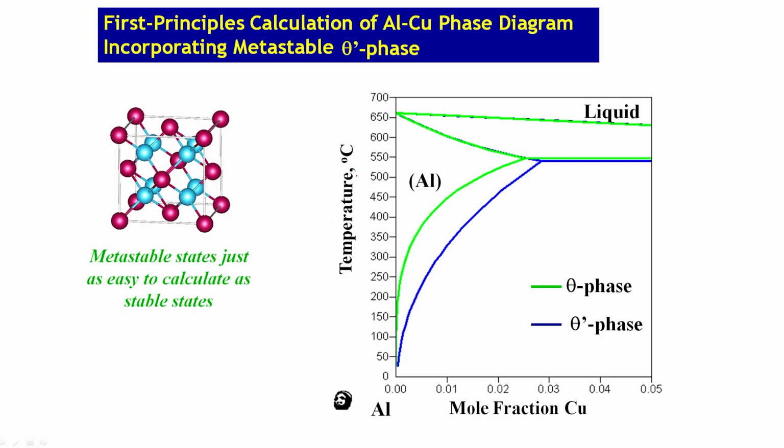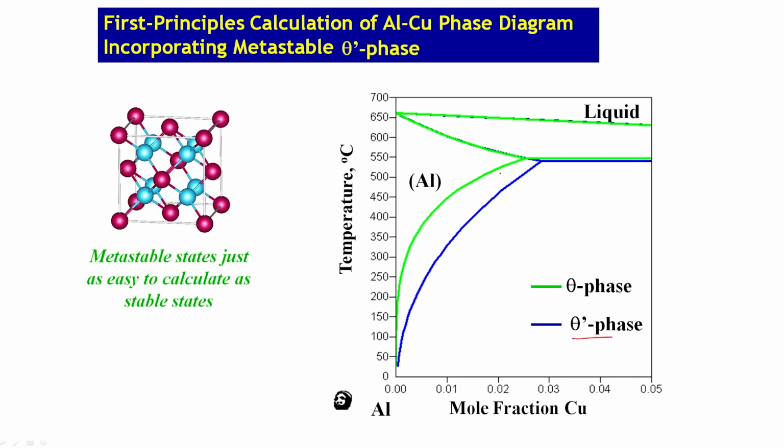You can see here we can do metastable phase boundaries for the metastable phase theta prime, which I talked about for aluminum copper alloys earlier, and you can see how the metastable phase boundaries can change. That we can do from first principle ab initio calculation also, but these are time consuming and take a lot of computational power. Nonetheless, these calculations are refined, so they can provide you more information.